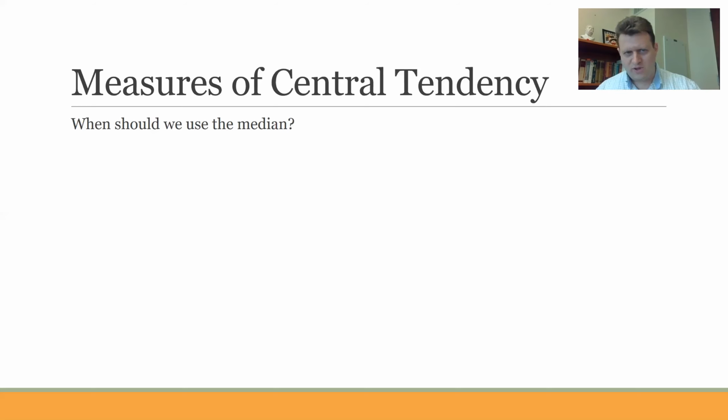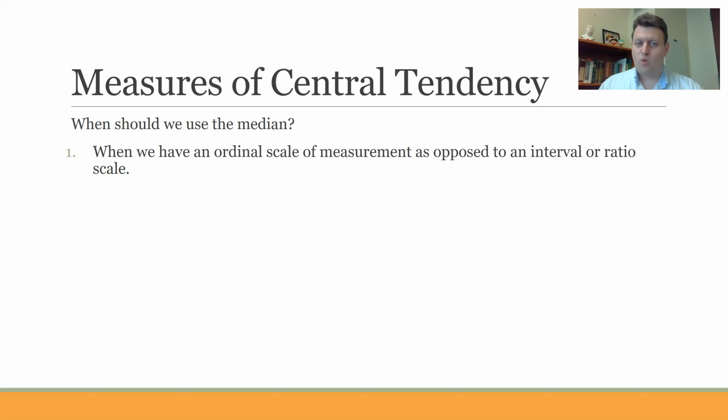So when should we use the median? If we have an ordinal scale of measurement, the median is one of the best measures of central tendency. As I mentioned before, using the mean to calculate an average of an ordinal scale of measurement has problems. Does that mean that people stop doing it? No, people always will calculate the means of an ordinal scale of measurement.